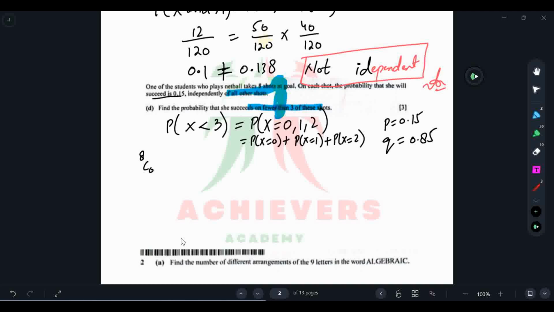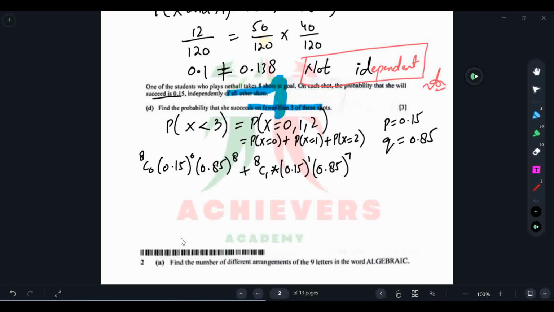So 8C0 times 0.15 to the power 0, then 0.85 to the power 8, plus 8C1 multiplied by 0.15 to the power 1 and 0.85 to the power 7.